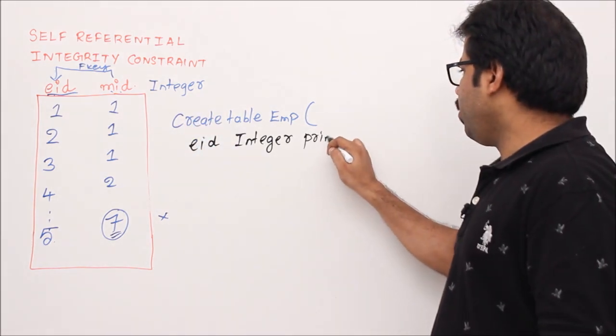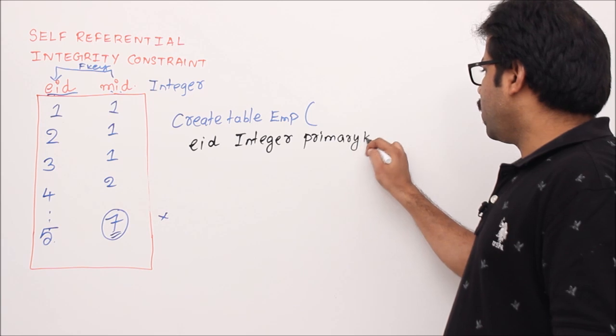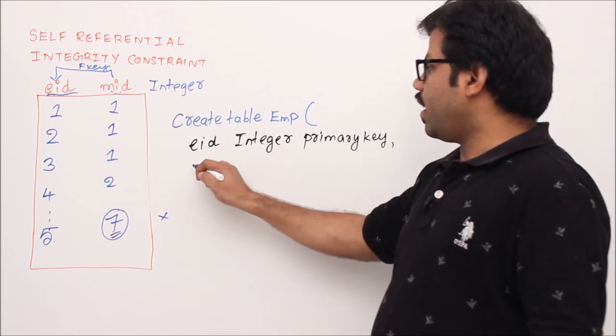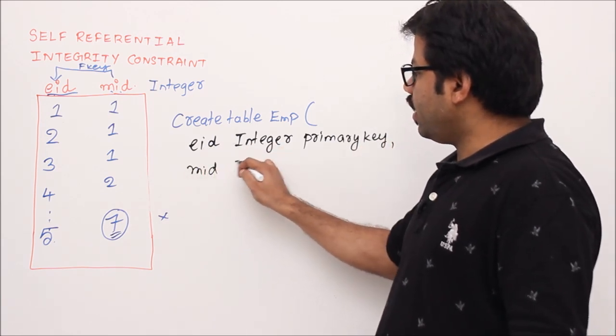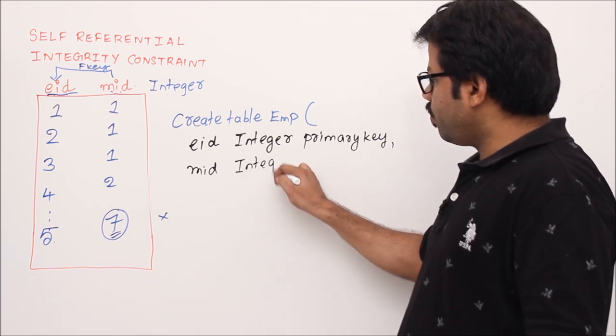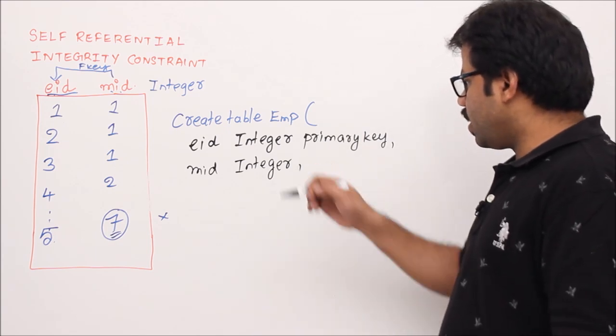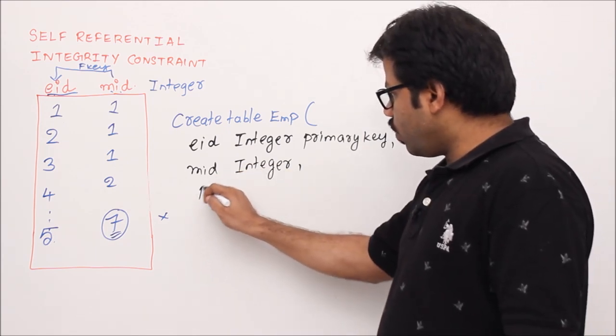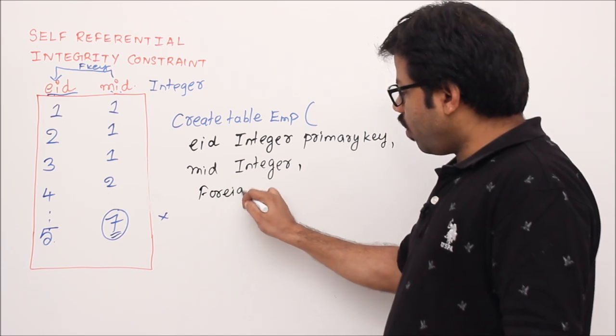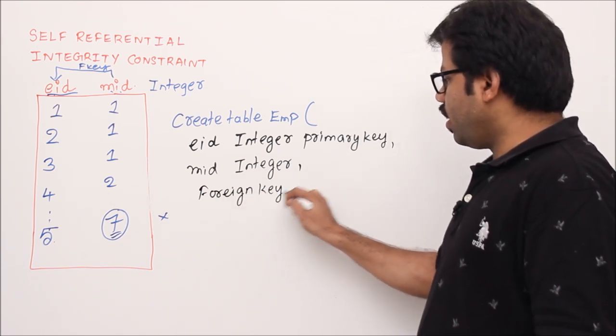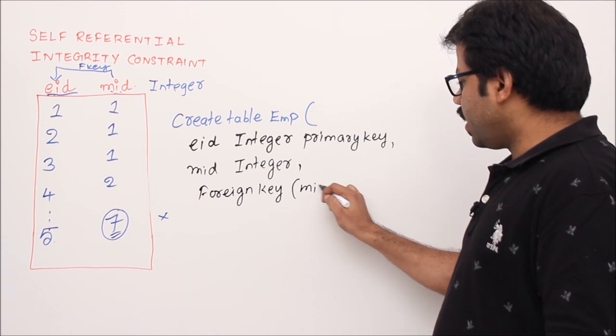Then manager ID, which is integer, and it is going to be a foreign key, so we should mention that. Foreign key of manager ID.